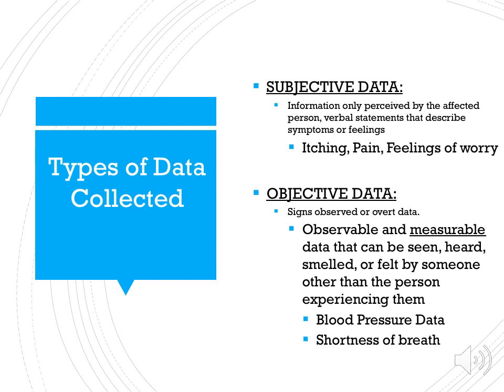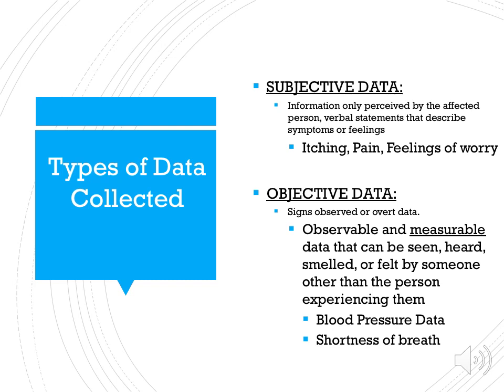If I get in report that the patient is saying that they are short of breath, is that subjective or objective? That's going to be subjective because it's only perceived by the affected person, verbal statements that describe the symptoms or the feeling, right? So it is not objective. I did not see it, okay?